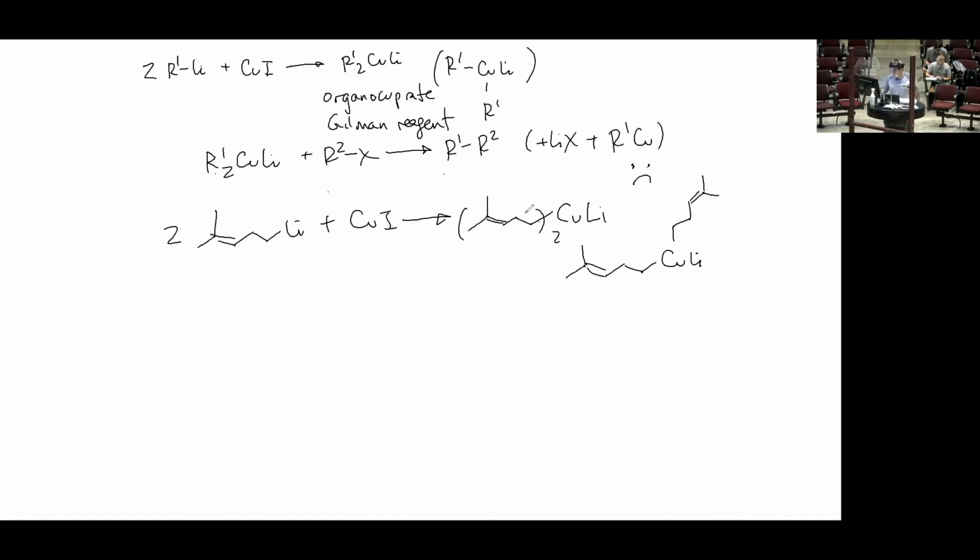And now once we have that, let's treat this with some other organic halide. What about iodobenzene? Let's use colors. And probably all this is going to be done in diethyl ether, by the way, so you can put Et2O the whole way.